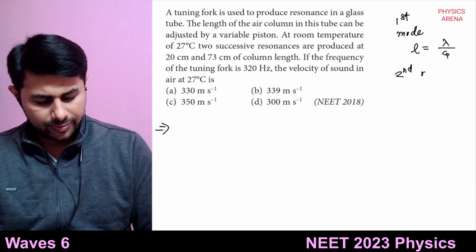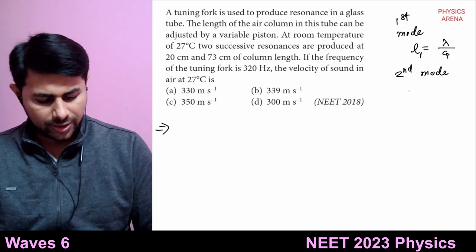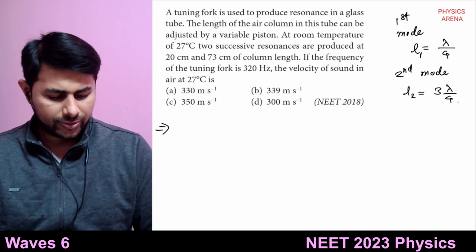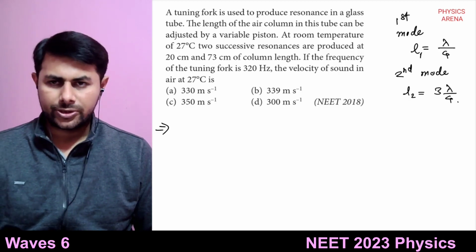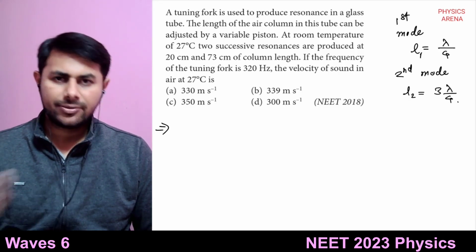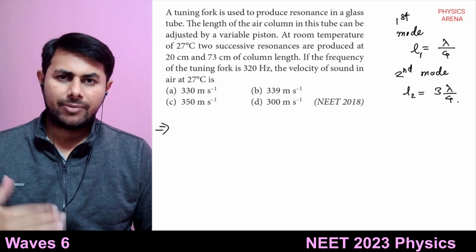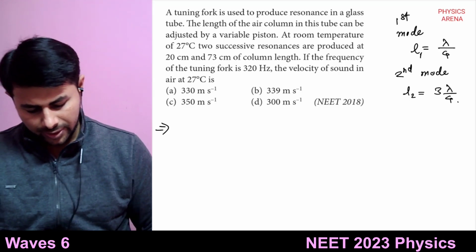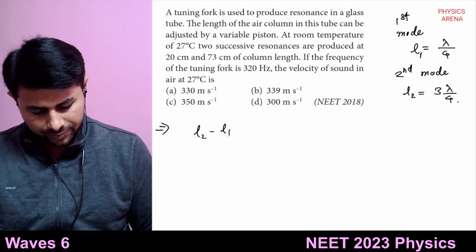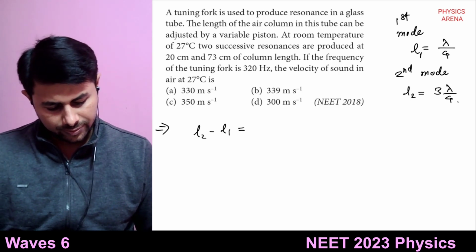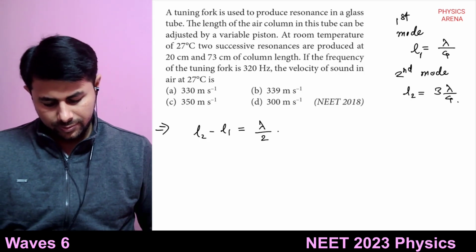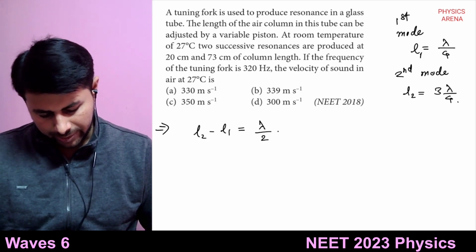For second mode, let's call this L1, this is L2, length is equal to 3 times lambda by 4. So these are successive modes, right? If you take next mode, it will be 5 lambda by 4. So how much is the difference? L2 minus L1 is equal to lambda by 2.